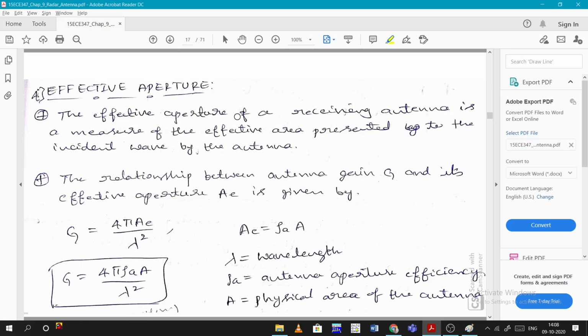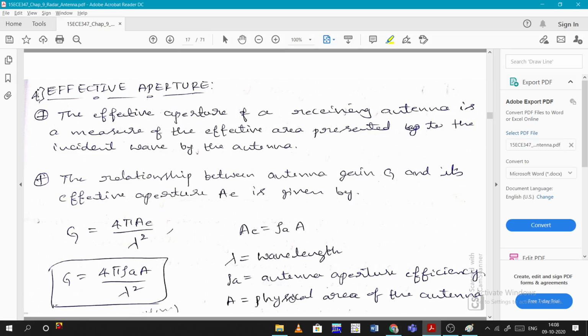Now effective aperture. What is effective aperture? It is the measure of the effective area presented to the incident wave by the antenna. Basically, it is the product of the antenna aperture efficiency and the physical area.